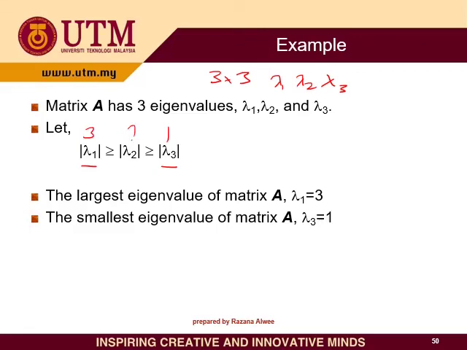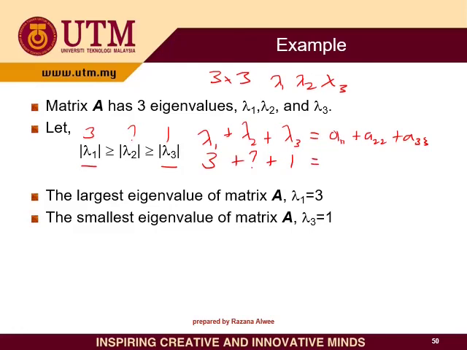If you remember, we have the equation where lambda 1 plus lambda 2 plus lambda 3 equals the trace of our 3 by 3 matrix, A11 plus A22 plus A33. So we have our lambda 1 already, 3, plus the unknown, plus 1.